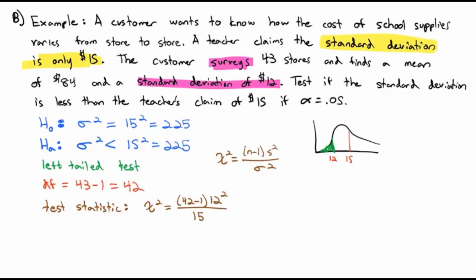So we'll divide by 15 squared. And when I do this on my calculator, sorry, the sample size was 43. 43 minus 1 times 12 squared divided by 15 squared, we get a test statistic of 26.88.